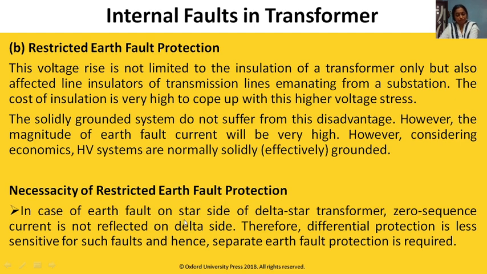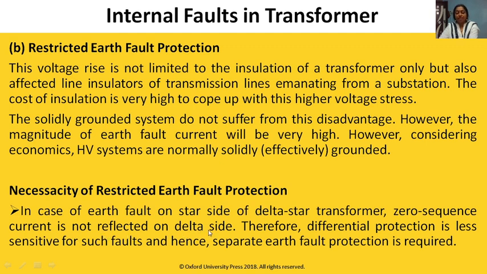In case of earth fault on star side of delta star transformer, zero sequence current is not reflected on the delta side. Therefore, differential protection is less sensitive for such fault, and separate earth fault protection is required. When we are using delta star or star delta transformer, then zero sequence current is not reflected on the delta side.